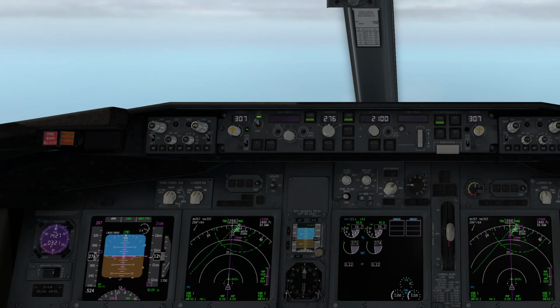Passing 12,500 feet for 2,100. Commanded speed is still 287. Actual speed 276 and decreasing.